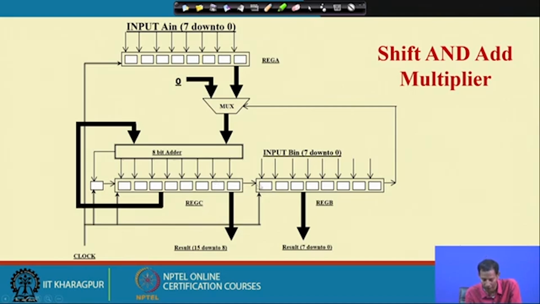Then again, if the next bit is 1, suppose initially it was 0, then it is 1, so 1 is coming over here and it chooses this particular A in, and then 0 is again added.